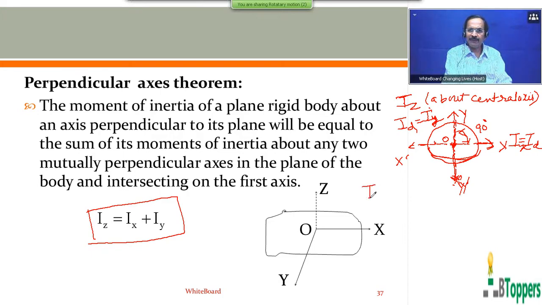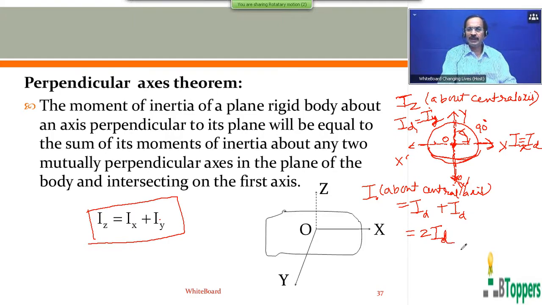Here Iz is the moment of inertia about the central axis, and Ix is the moment of inertia about the axis X dash X. Ix can be written as Id, and Iy can also be written as Id, I mean capital I subscript D. That means the moment of inertia about the central axis of symmetry will be 2 times the moment of inertia about one of the diameters of the disk.